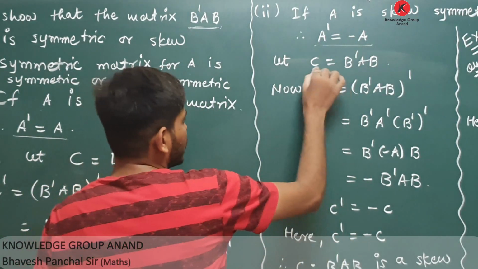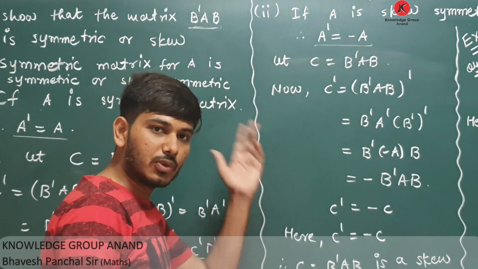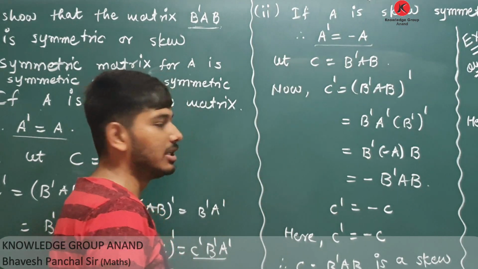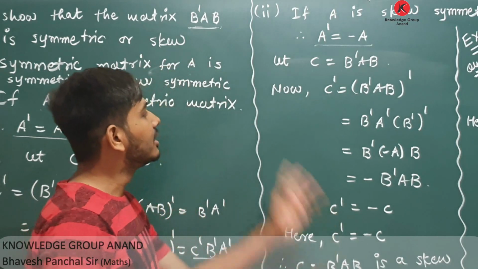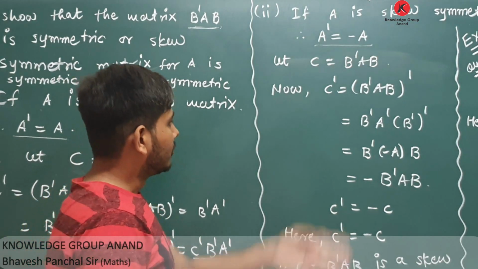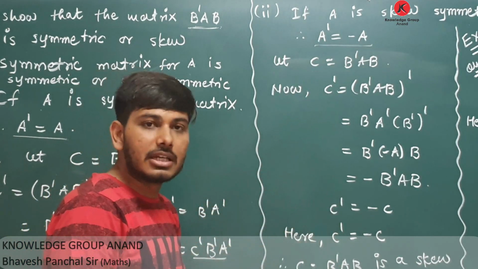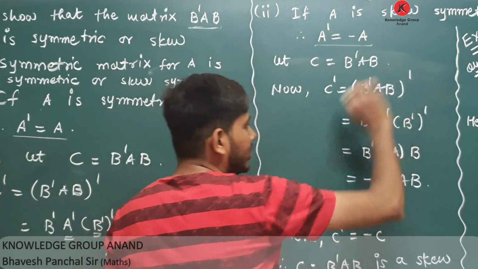Now we have already assumed that C equals B dash A into B. We have to prove in the second case that C is a skew symmetric matrix. Therefore, we have to prove that C dash equals minus C. For this, we consider C dash, which equals B dash A into B whole dash.